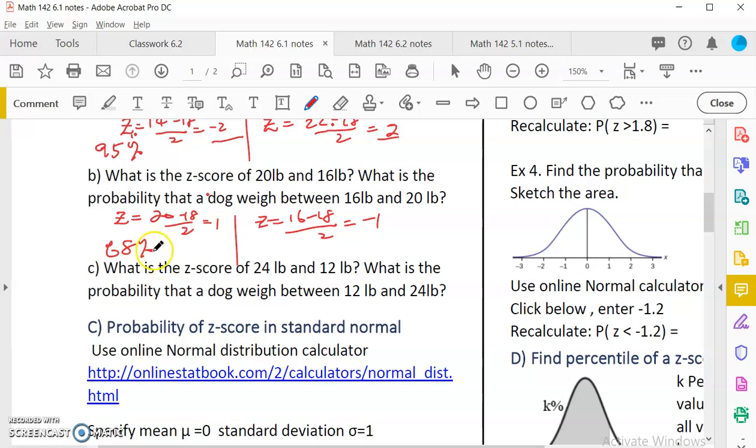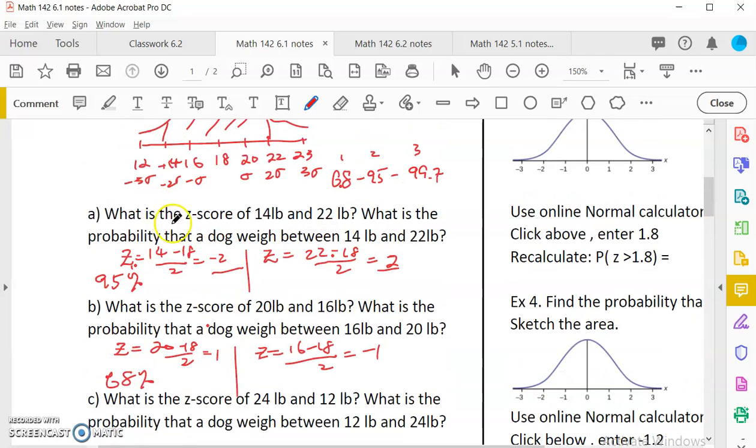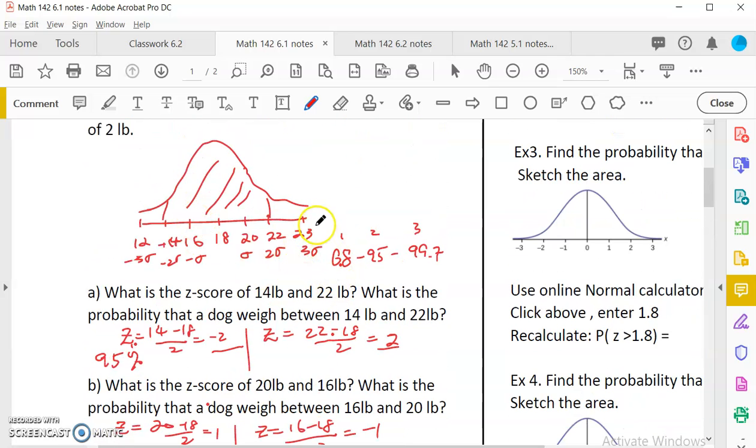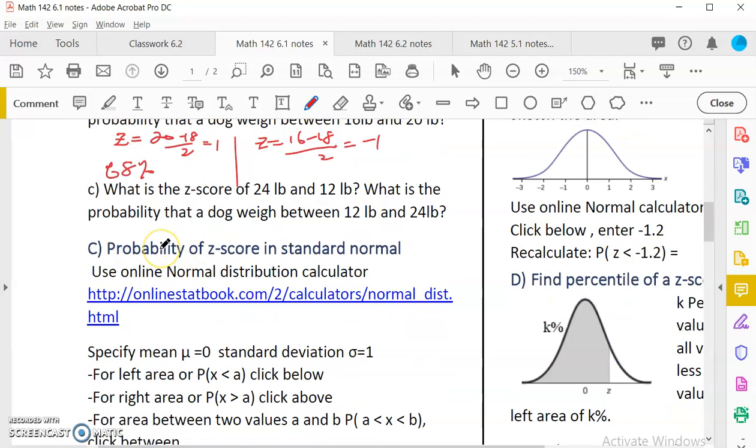The z-score of 24 and 12. So do we have 24 and 12? Oh, actually this is not 23, it's 24. So 24 and 12, you know that it's 3 standard deviations away, right? So we can, oh, I don't have enough space here. We would say z equal to 24 minus 18 over 2. That is 3.